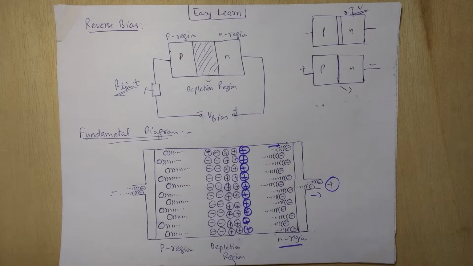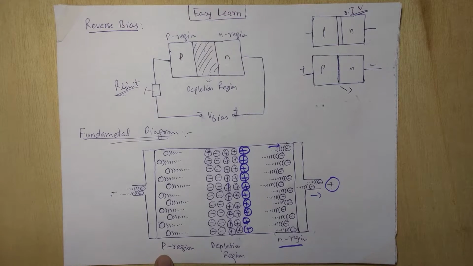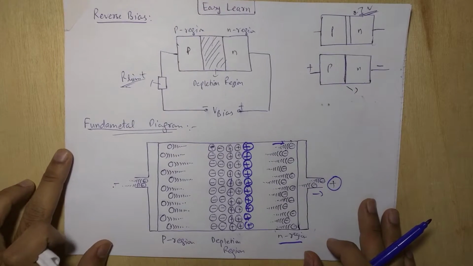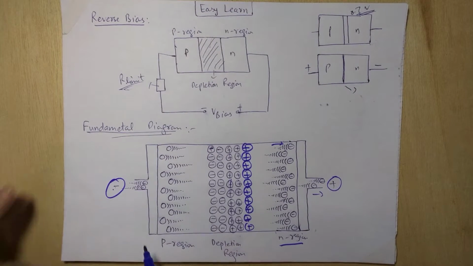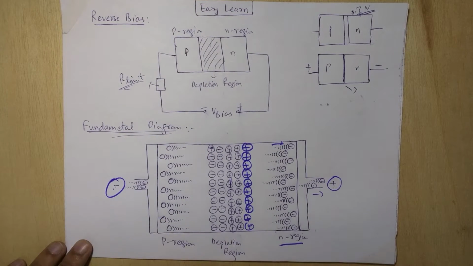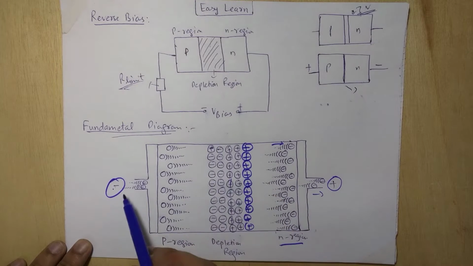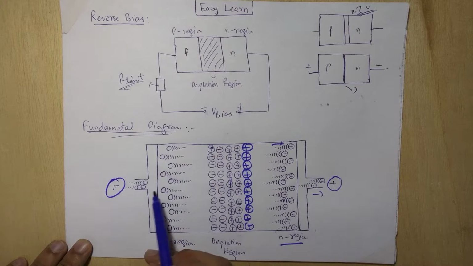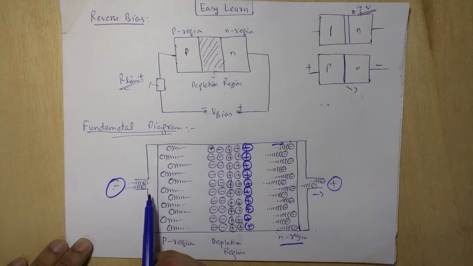Now coming toward the P region, what happens in the P region? In the P region, electrons from the negative terminal, which is connected from the battery, the V bias, enter as valence electrons and move from hole to hole toward the depletion region.